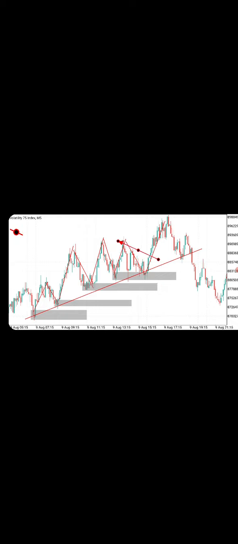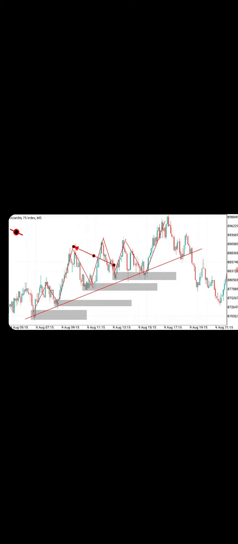Now, at a level, you observe that when the market moves from this low to make a high, and then comes back to make a higher low here, in order to go back to make a higher high, what the Fibonacci tool does is that it helps us to identify the level where we are expecting this retracement from this level to this higher low to stop, and then move forward to create a new higher high.